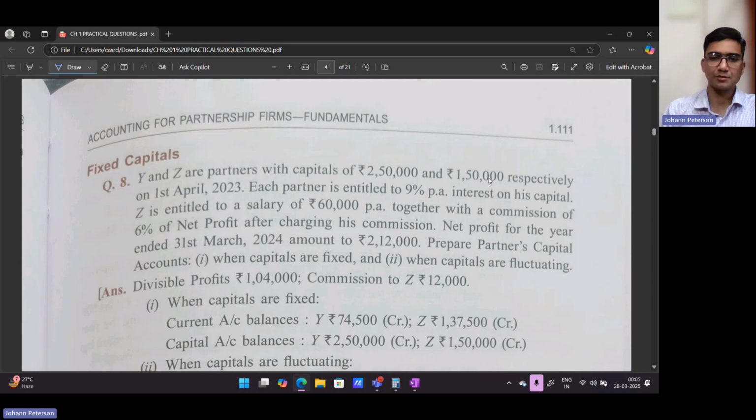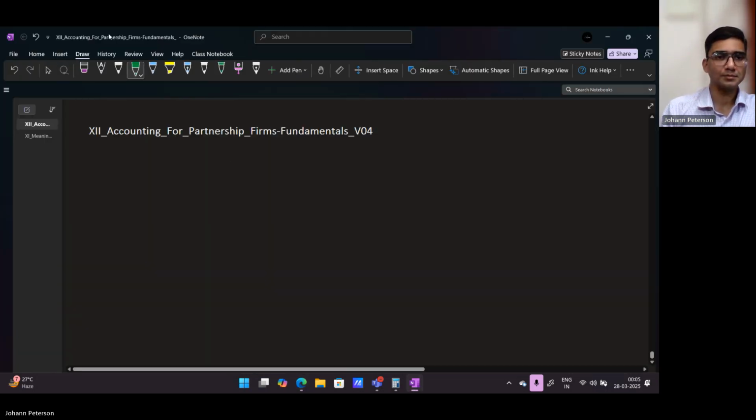So in this, we have to prepare the partners' capital accounts in the two ways that we can prepare, as it is mentioned. Okay, so let's begin. This is solution 8.